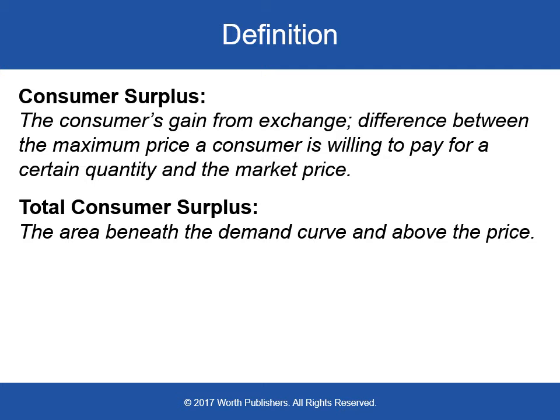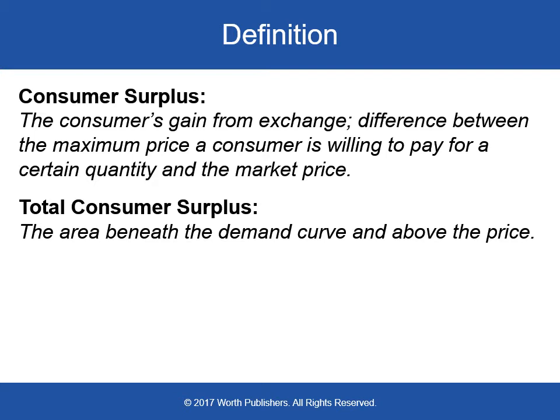So for that reason, the word surplus came to be associated with the idea of gain or benefit. And so that's consumer surplus here. It means you're not being asked to pay your total willingness price. You are able to buy a good like oil for less than you would be willing to pay. That's consumer surplus. It's a net benefit to you, as we say.